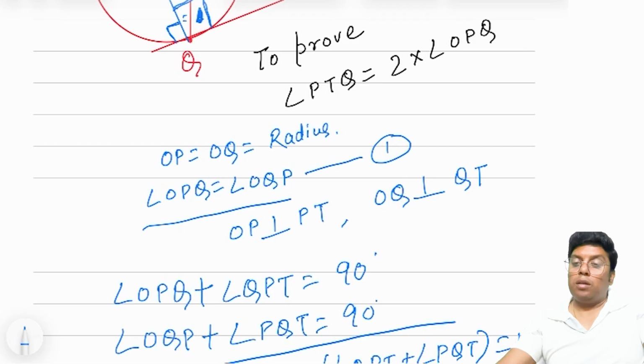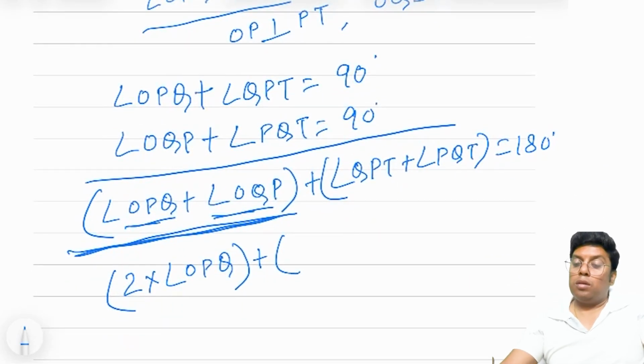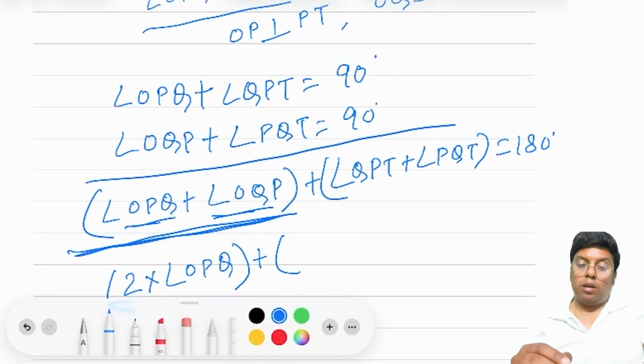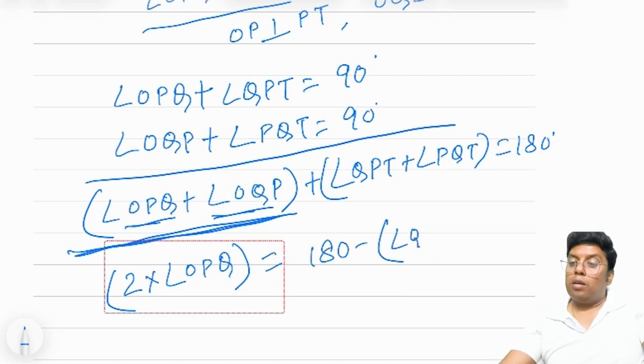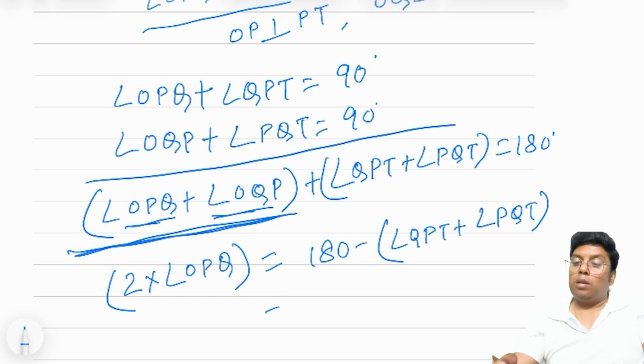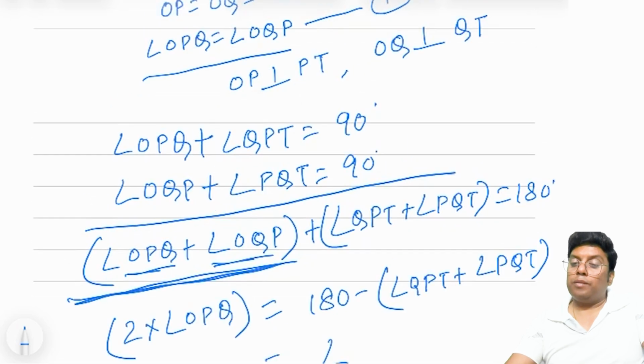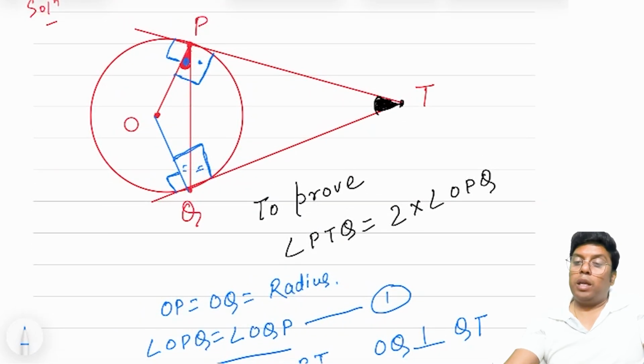So if we write 180 minus angle QPT plus angle PQT, 180 minus these two angles will be equal to angle PTQ, this angle.